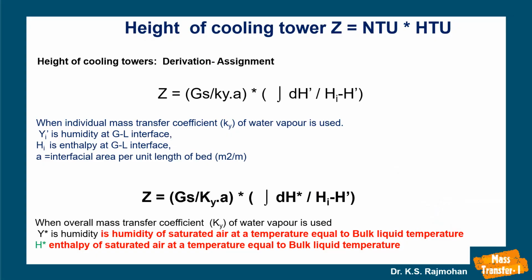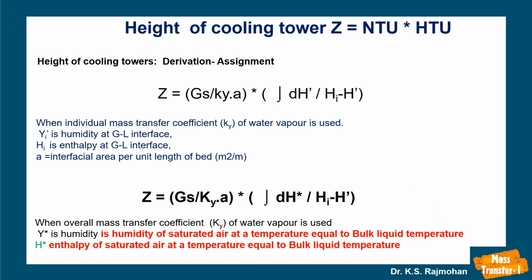In this derivation, we considered the individual mass transfer coefficient, you can say the gas film mass transfer coefficient, and attained the final expression. The same can be done with respect to the overall mass transfer coefficient, so you can practice that for the examination.